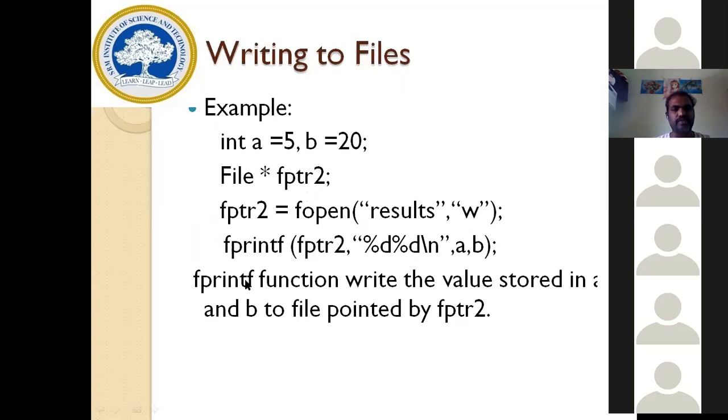In the previous case we used fscanf for reading the values from the file and assigning them to some variables. Here the variables already have values, a is equal to 5 and b equal to 20. So what this fprintf function will do is write the values stored in a and b, whatever values are assigned, which is going to be pointed to by file pointer 2, on the file called results.